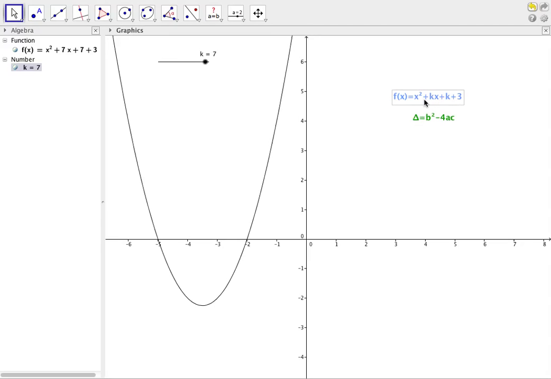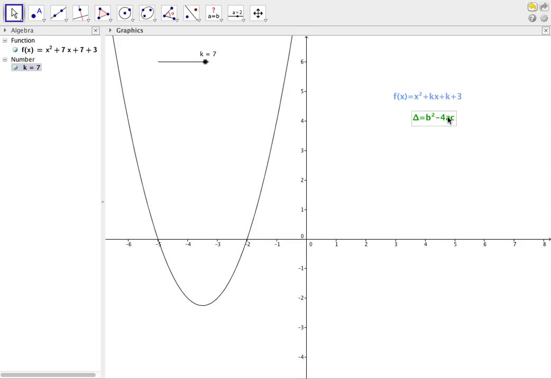Okay, just recapping, here's our function. To find the values of k which give us positive definite, negative definite, well, not negative definite in this case, we go to the discriminant. The discriminant is inside the square root sign of the quadratic. So when it's negative, we can't find an answer for x.